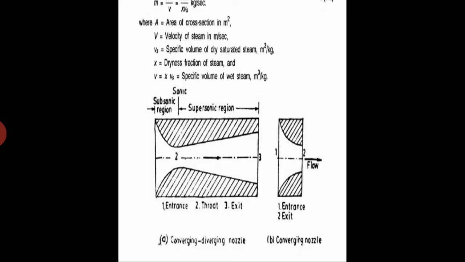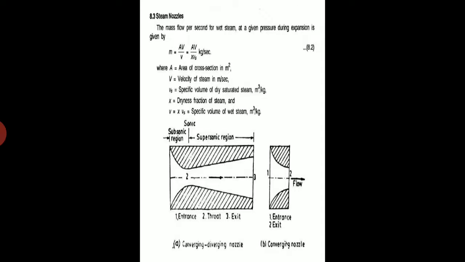Hence, we are using a divergent shape. Just try to understand, I'm just explaining the shapes, not exactly how the passages of mass, velocity, etc. work. So this is regarding what happens when dry saturated steam is used.